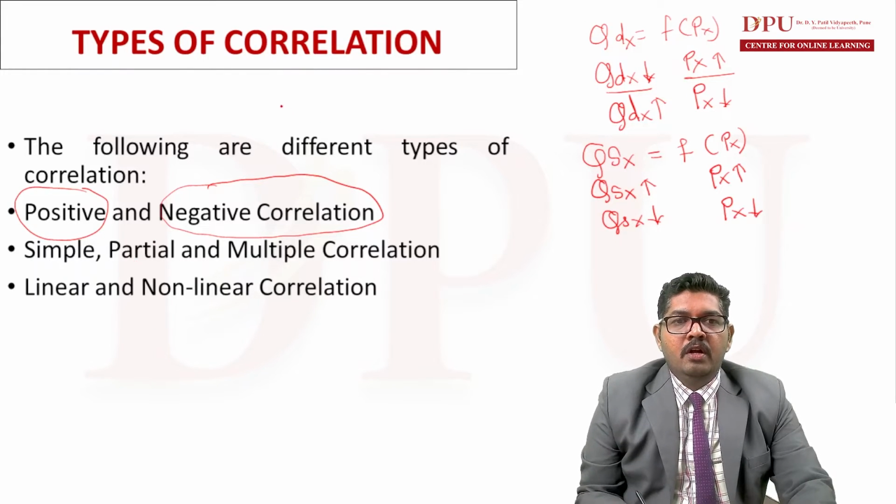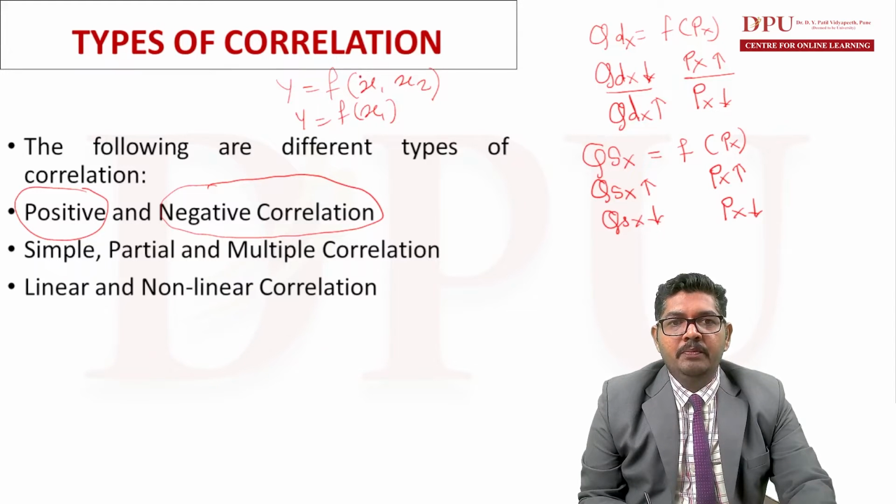For example, suppose y is a function of x1 and x2, right? So we study the correlation between the dependent variable and one independent variable at a time. We study y as a function of x1 only, then we will study the relationship of y and x2. That is what is known as partial correlation.